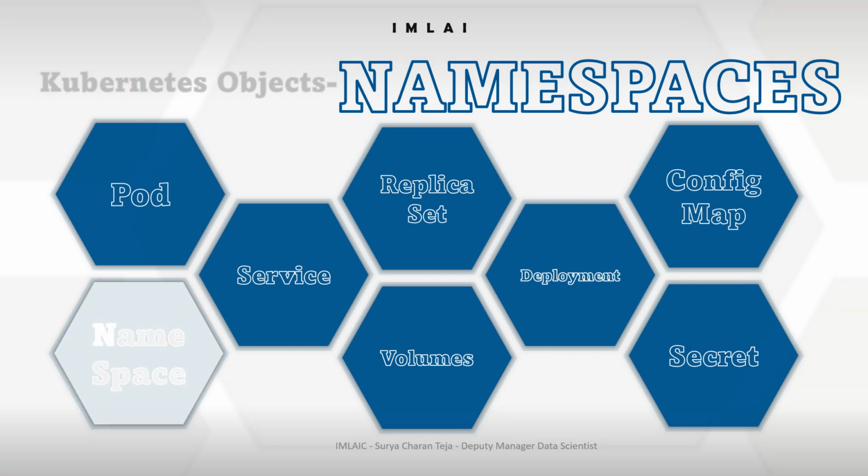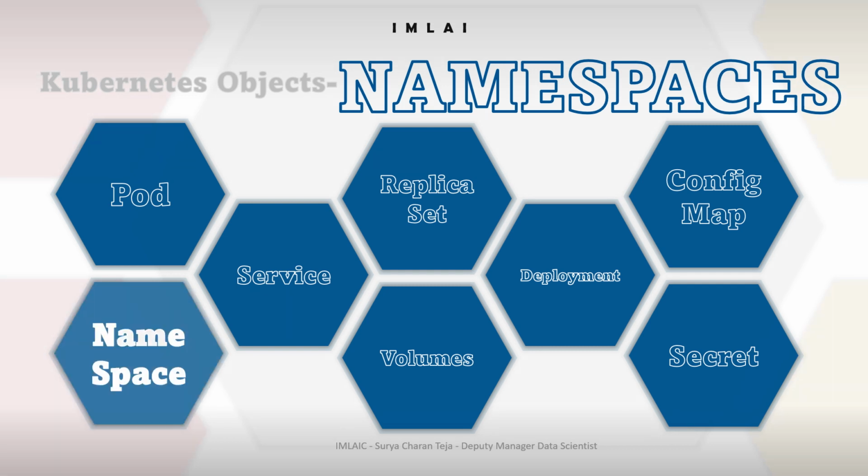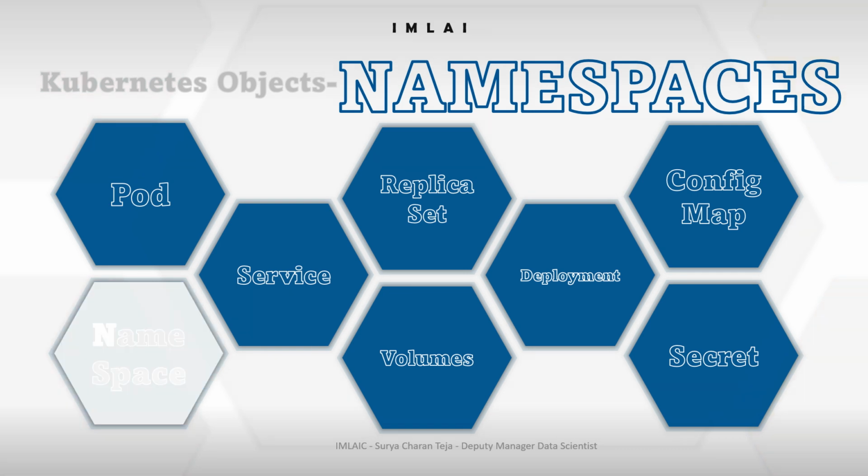So namespaces provide a scope for names. Names of resources need to be unique within a namespace but not across namespaces. Namespaces cannot be nested inside one another, and each Kubernetes resource can only be in one namespace.